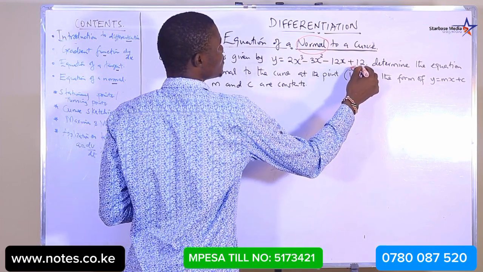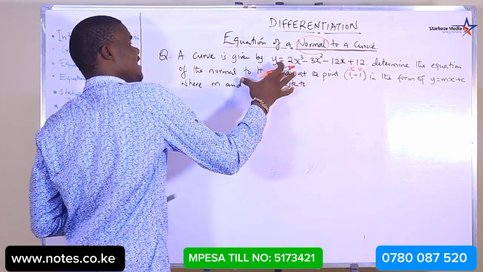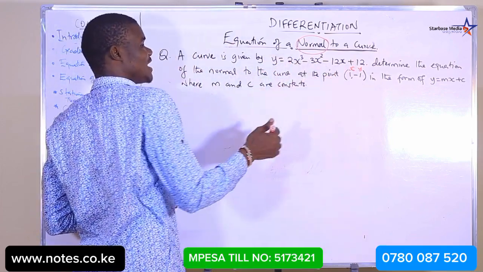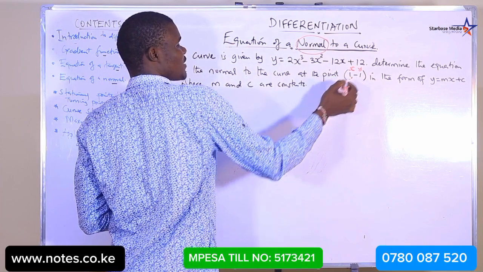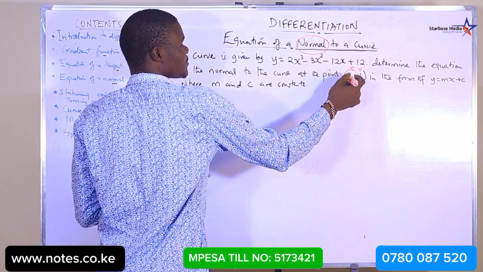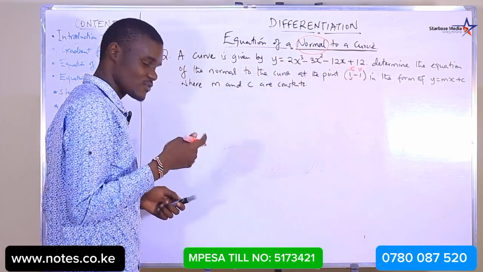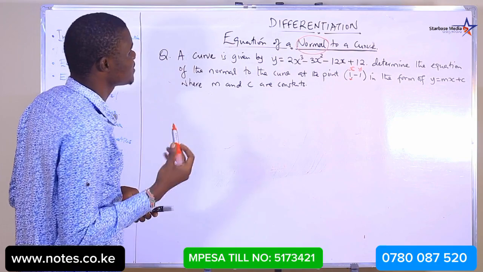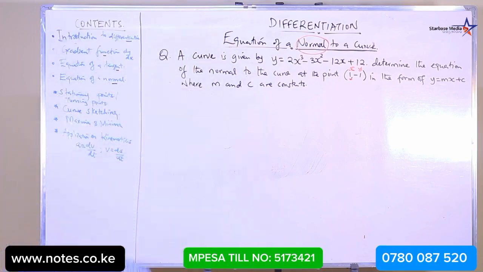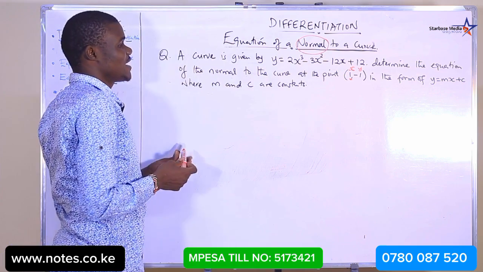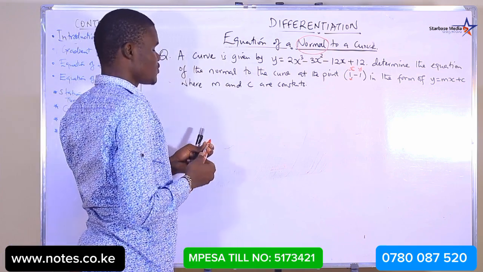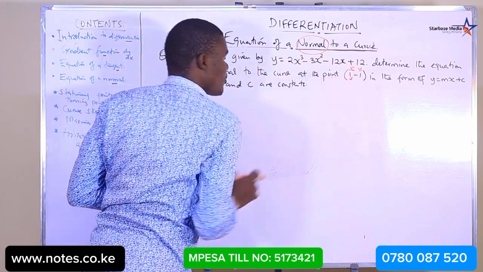What you need to do is simply to get the gradient function, replace at this point of x to get the gradient of the tangent, and then from the gradient of the tangent you are going to get the gradient of the normal.